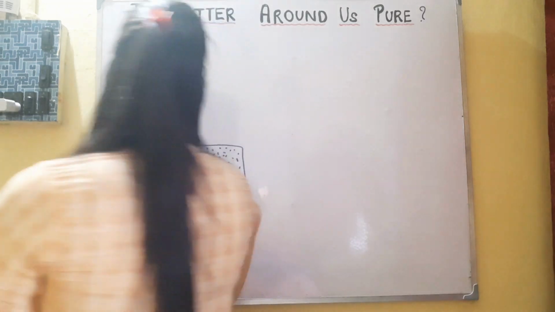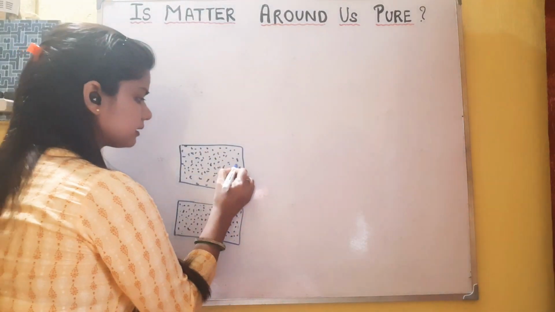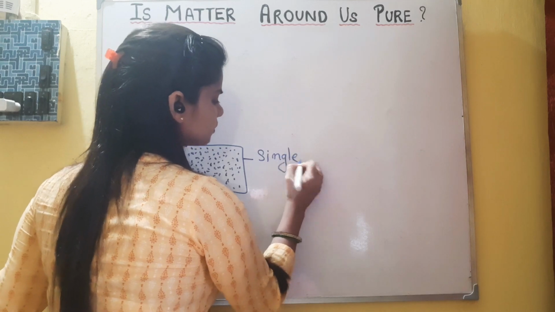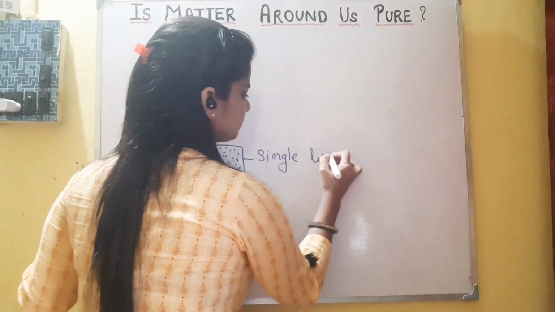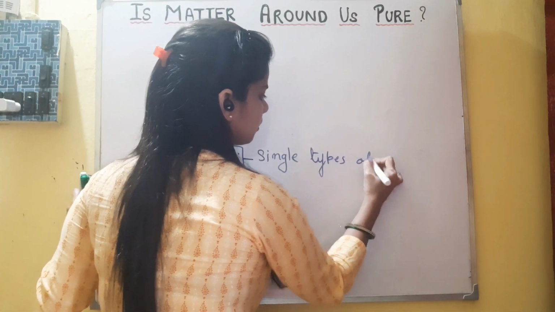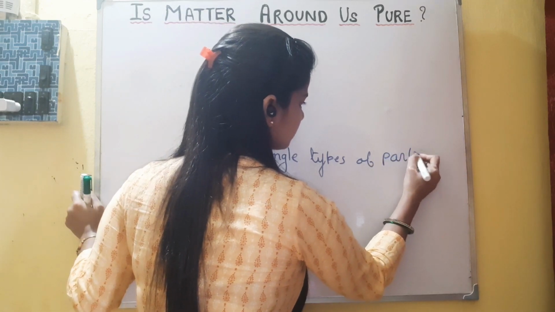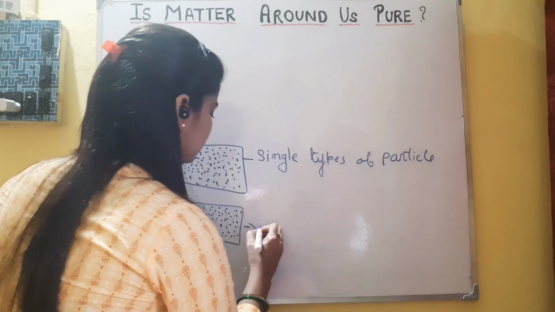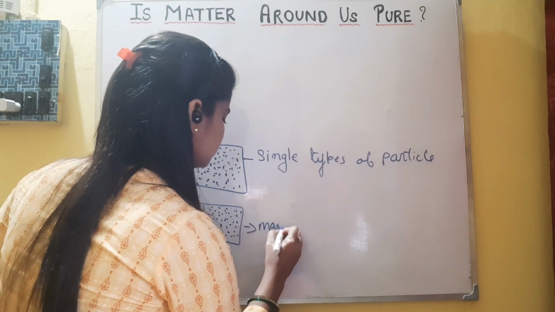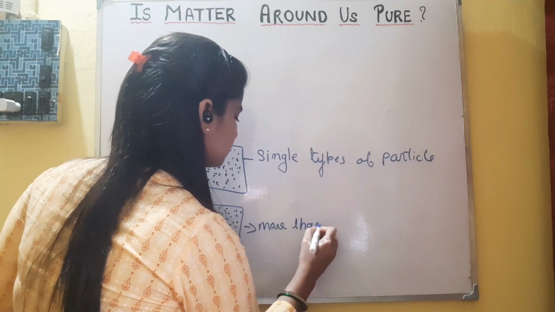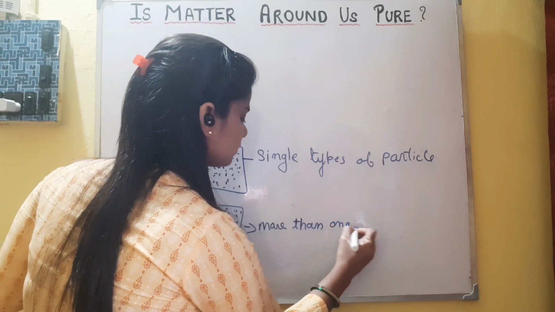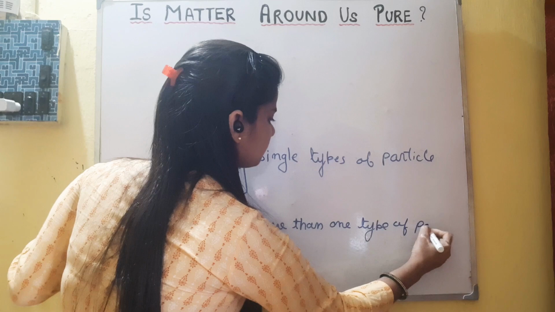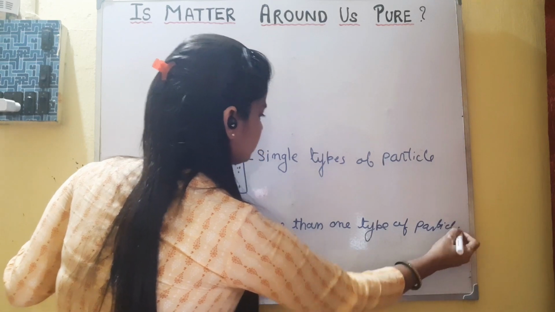Means it has a single type of particles, while here it is more than one type of particles.